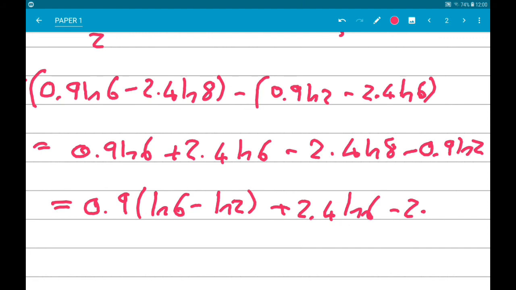Which actually we can factorize. So let's say we got plus 2.4 lots of log 6 minus log 8.